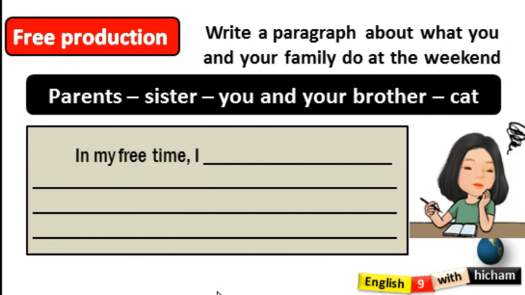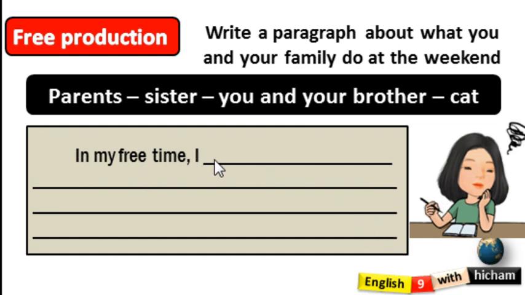Next activity, my friends, it's free production, where you have to write a paragraph about what you and your family do at the weekend, or what you do in your free time. So you start your paragraph like this. You leave the identification space here, and you write up to the end of your paragraph.